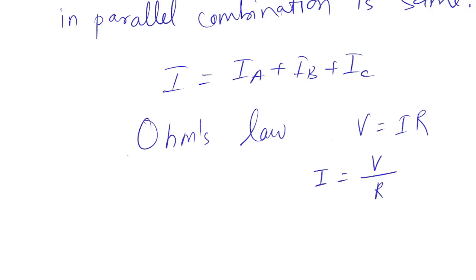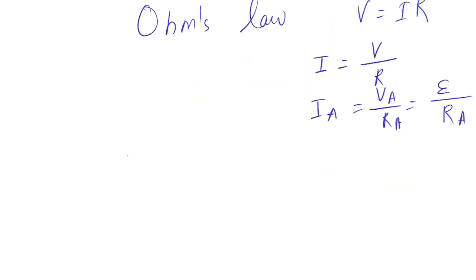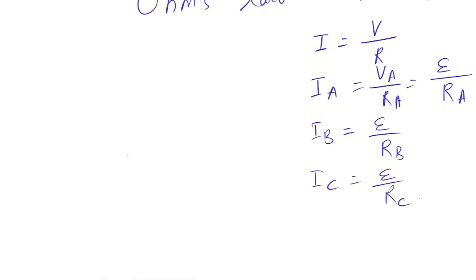And here we just now said voltage is the same across all the resistors. So I can write IA is equal to VA by RA, but we know VA is equal to epsilon, so I can write epsilon by RA. Similarly, IB is equal to epsilon by RB, IC is equal to epsilon by RC, correct?